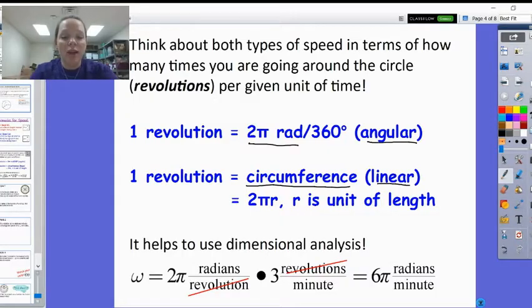So we can just multiply 2 pi radians per revolution times 3 revolutions per minute. The revolutions cancel each other out, and you're left with a unit of radians per minute. 3 times 2 pi is 6 pi, and this gives us a unit of angular speed. So that would be our omega.